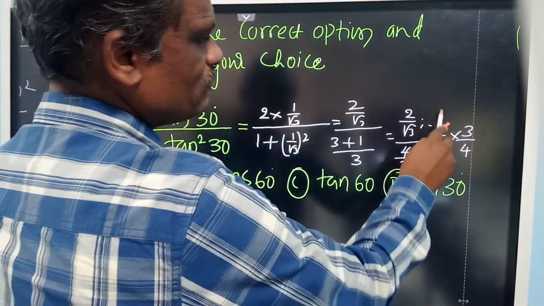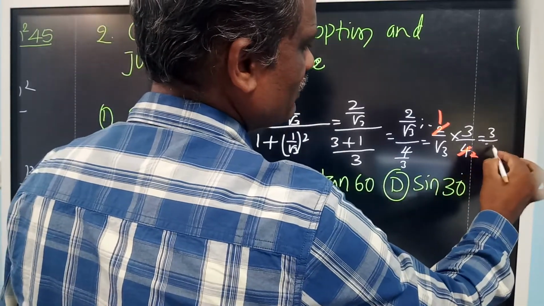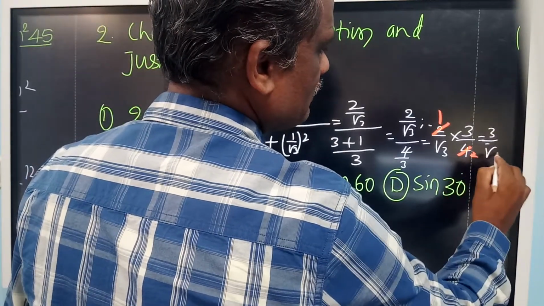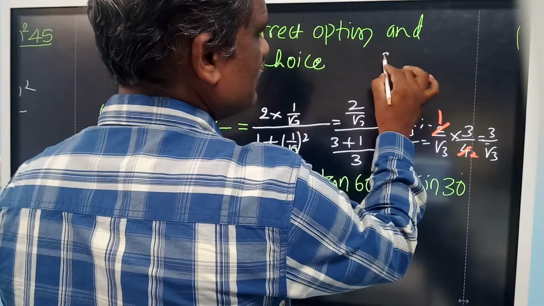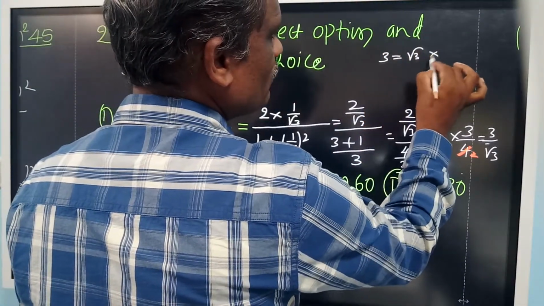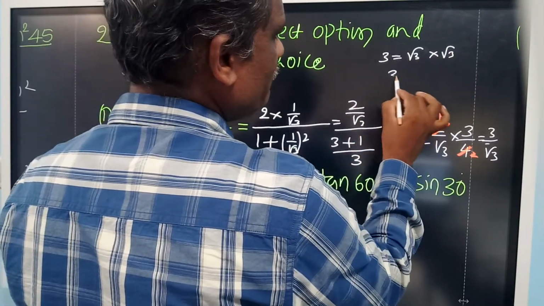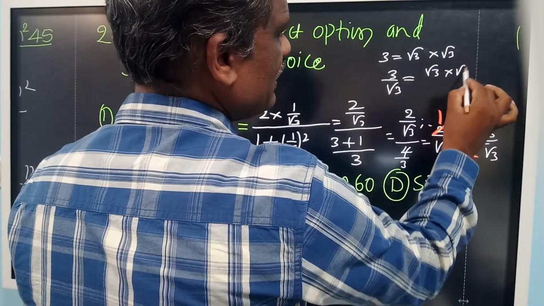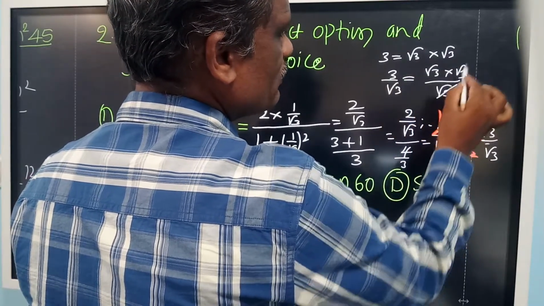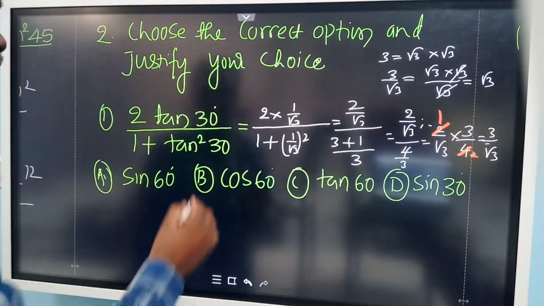Cancel this one, 2 1s are, 2 2s are. So this is 3 by root 3. 3 by root 3, you can write like this. 3 can be written as root 3 into root 3. So now 3 by root 3, what happens? It becomes root 3 into root 3 by root 3. Root 3 cancels, your answer is root 3. So this entire answer is equal to root 3.